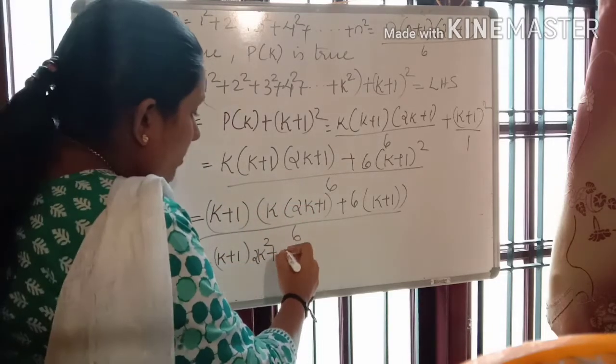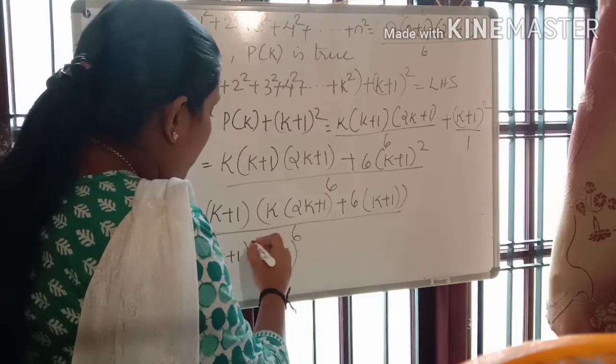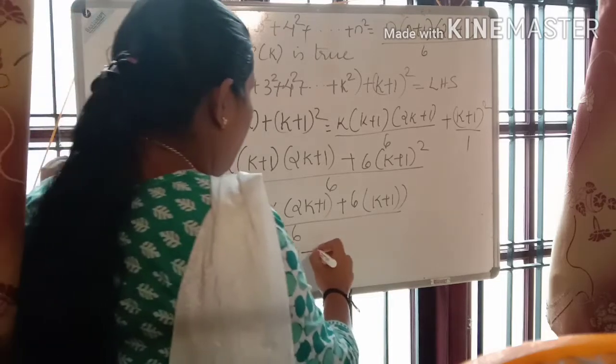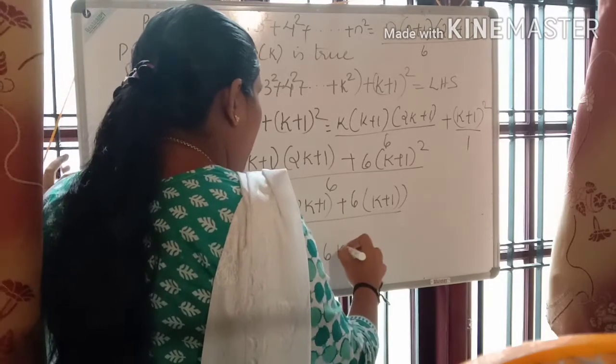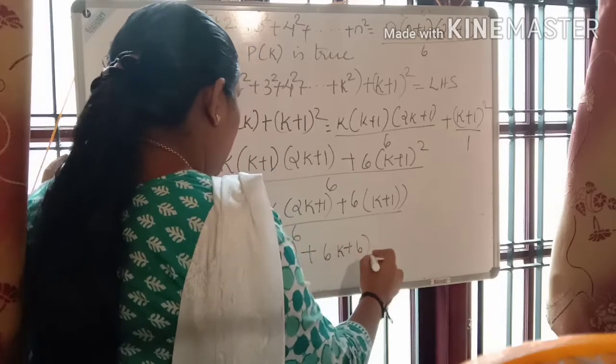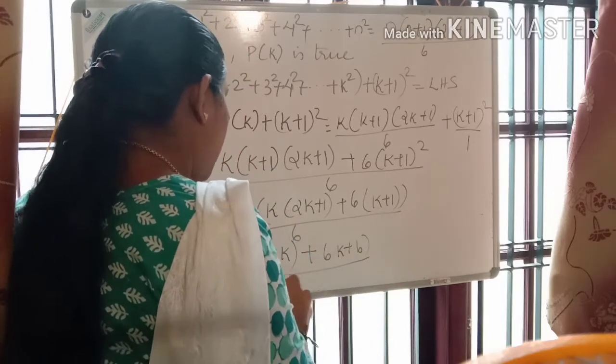It is 2K square plus K, okay, whole bracket, plus 6 into K plus 6, divided by 6.